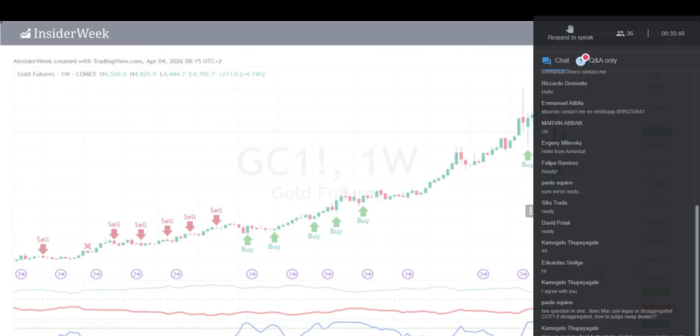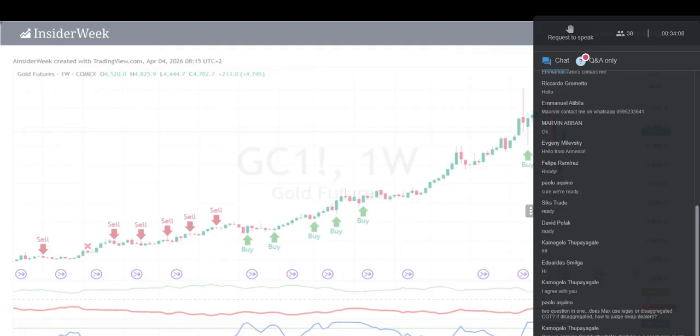Like for example here, it was several weeks of sideways move and then a breakout, and then here a trend started. Also here sideways move, breakout, sideways move, breakout. So this is what I'm looking for.